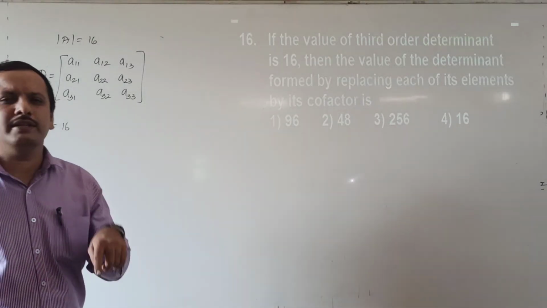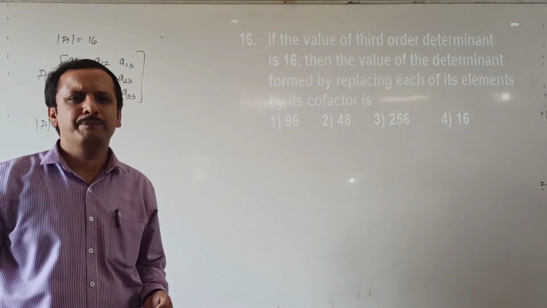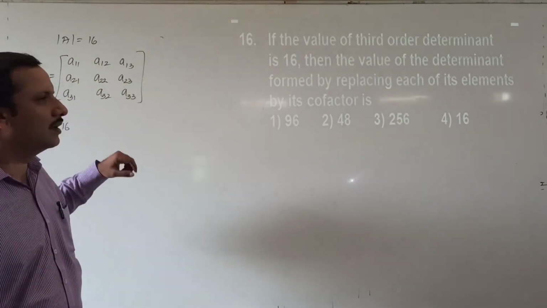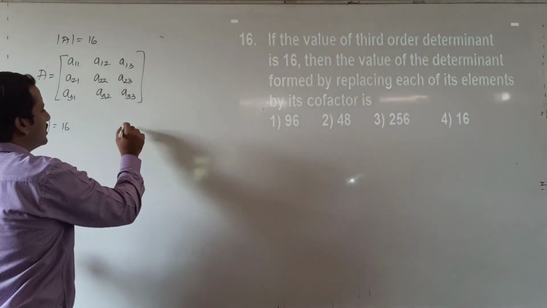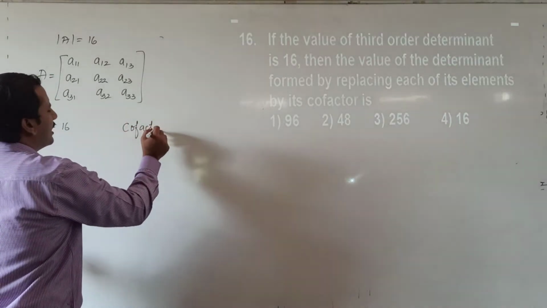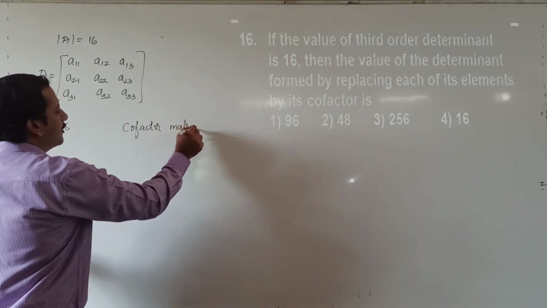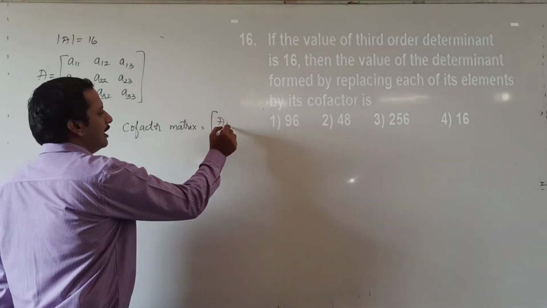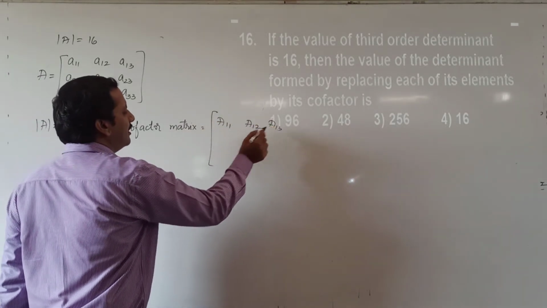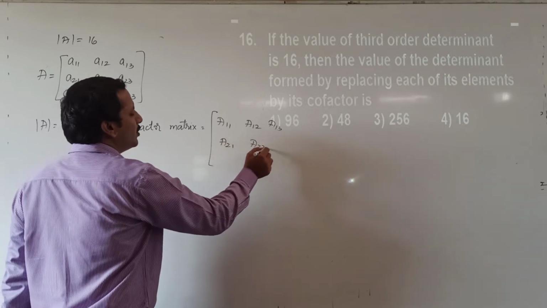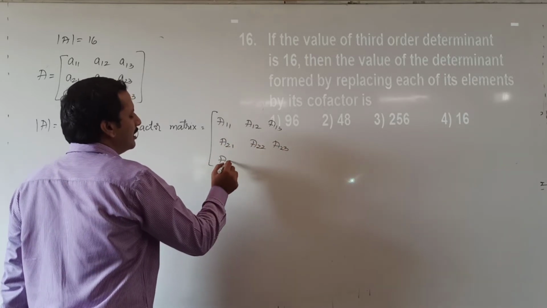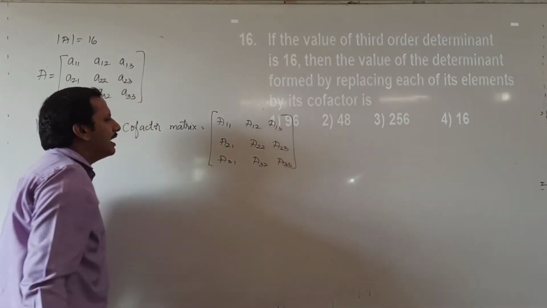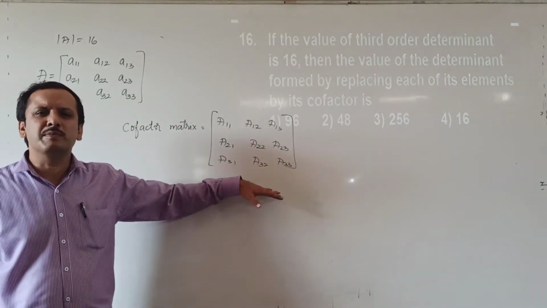Now we are asked to find the determinant which is formed by the cofactors. So the cofactor matrix, I will represent it by capital letters: A11, A12, A13, A21, A22, A23, A31, A32, A33.